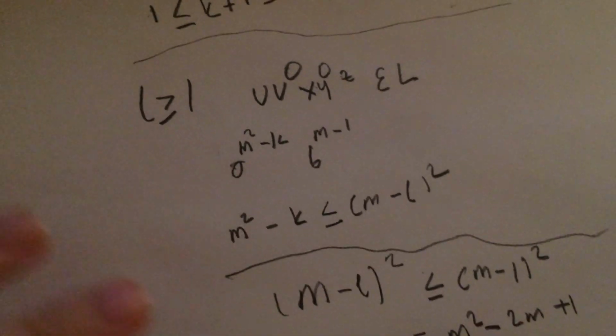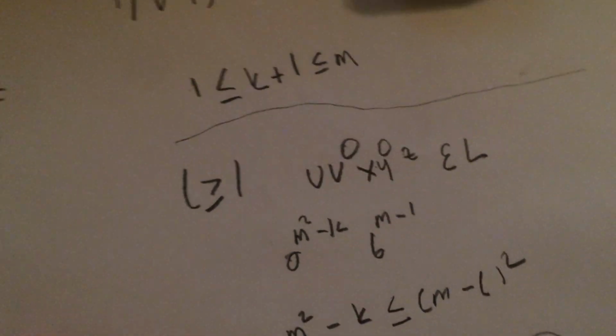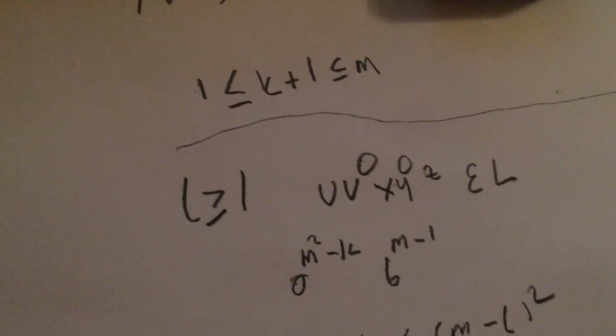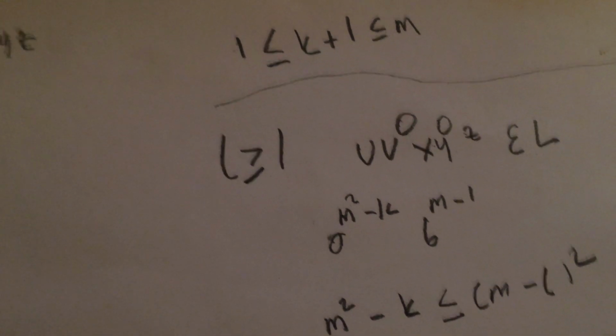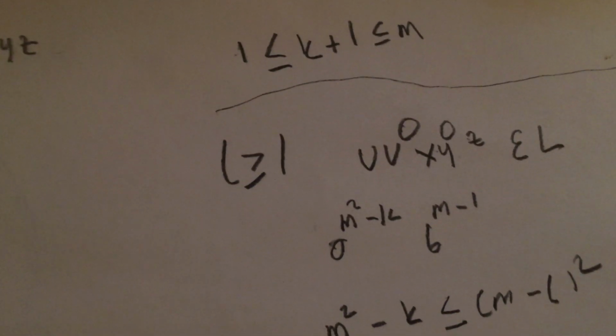Now we're going to consider what happens if l equals 0. We write l greater than or equal to 1 for the previous case. After that, we're going to write what happens if l becomes 0.